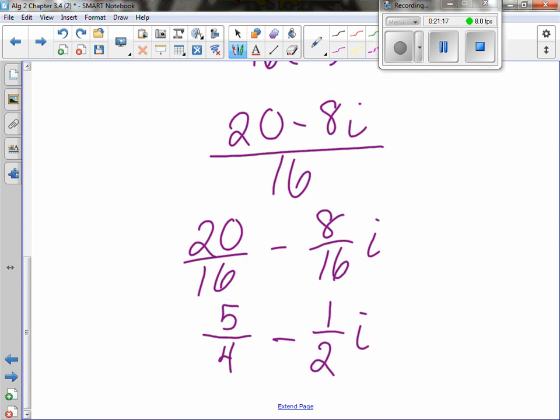So, math, fraction. Let's see here. So for this one here, let's do the first one. 4 plus 3i divided by 1 minus 2i.